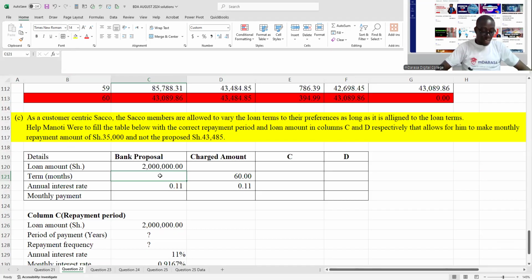What will we be having here, given that my loan amount is 2 million and I'll be paying a monthly repayment of 5,000? See? This is what we need to determine.